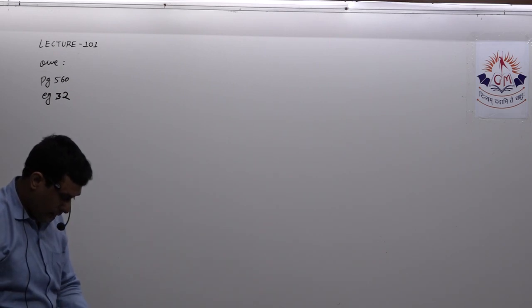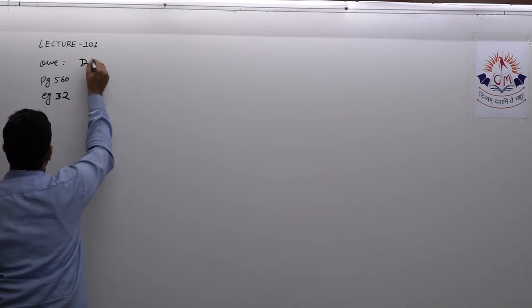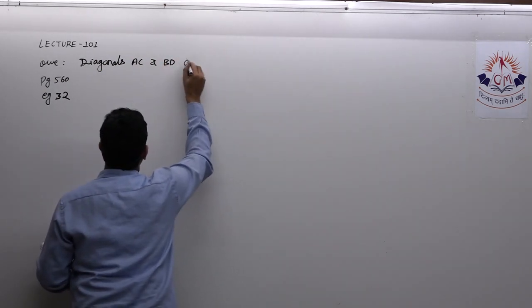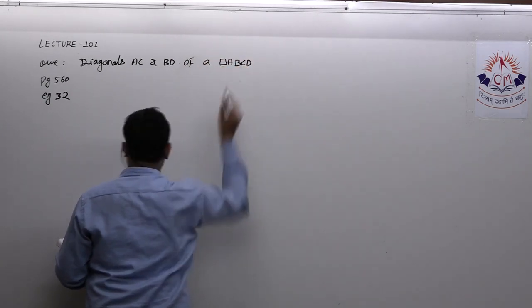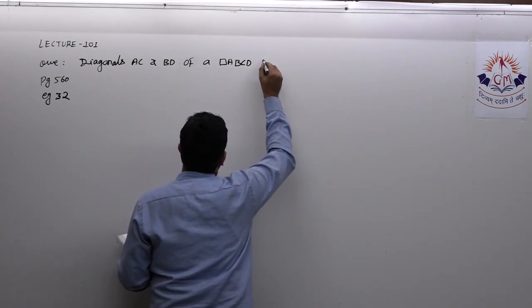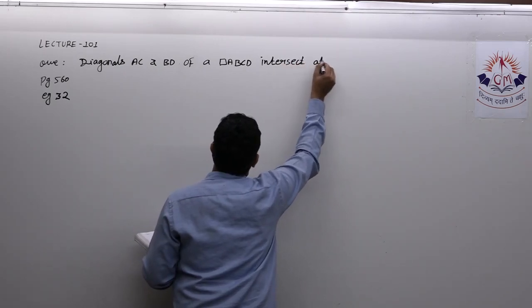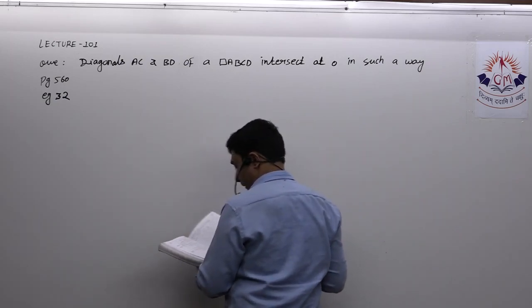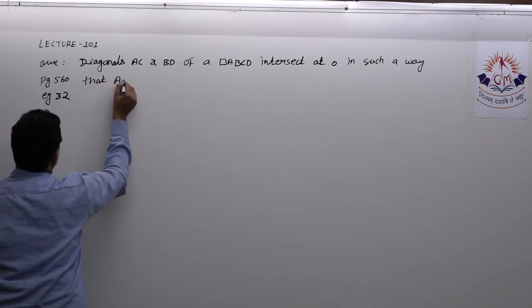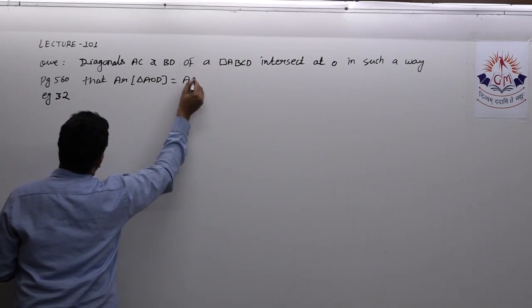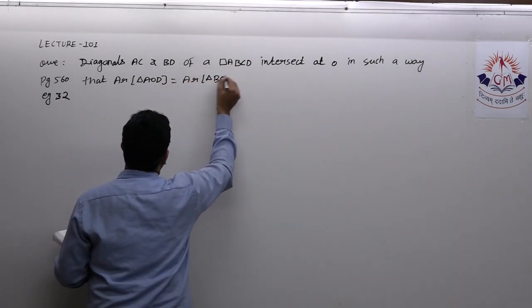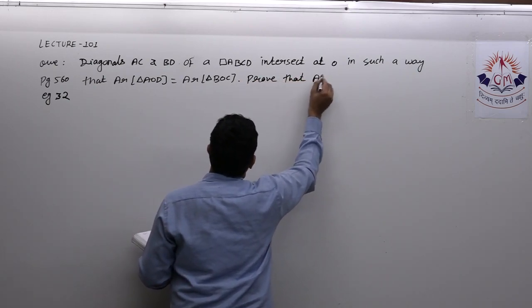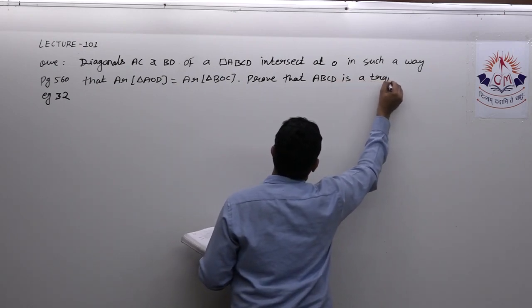It says diagonals AC and BD of a quadrilateral ABCD intersect at O in such a way that area of triangle AOD is equal to area of triangle BOC. Prove that ABCD is a trapezium.